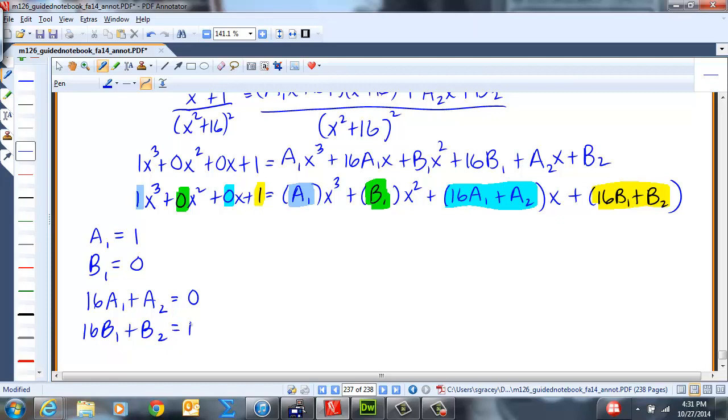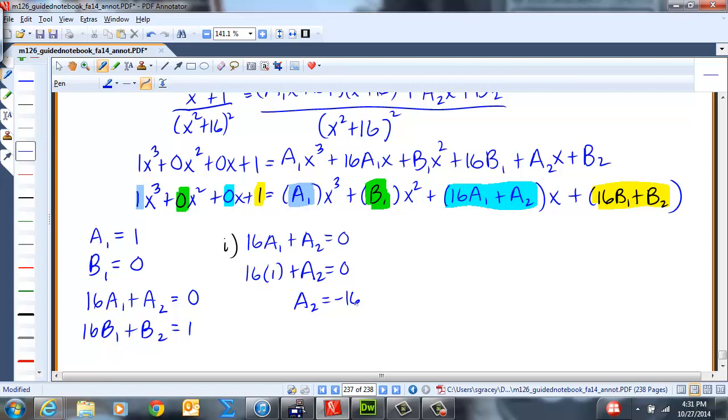So let's go down the line here. We've got a1 and we have b1. We know that 16a1 plus a2 is 0, and we know that a1 is 1. So 16 times 1 plus a2 is 0. So a2 will end up being negative 16.